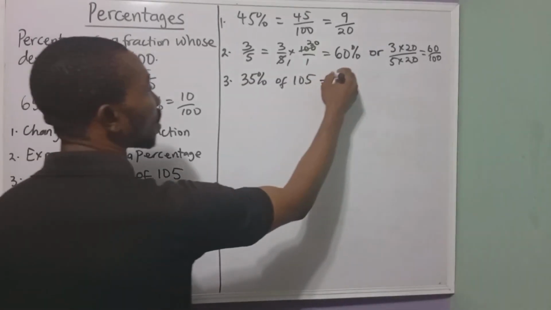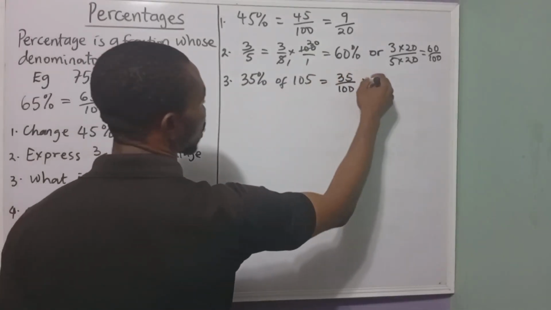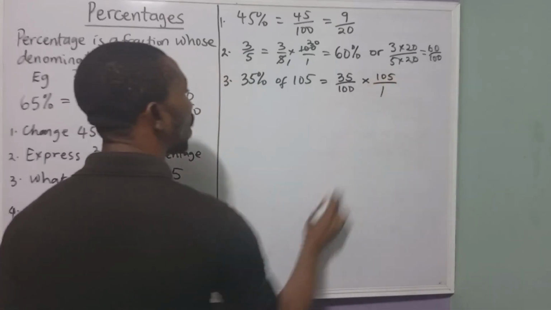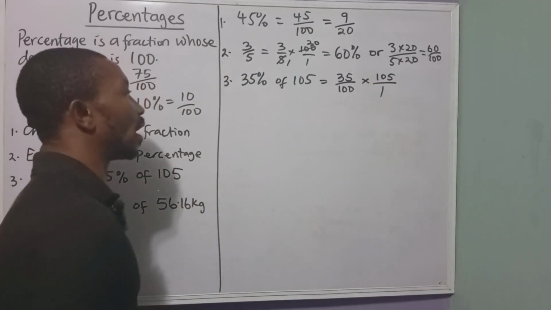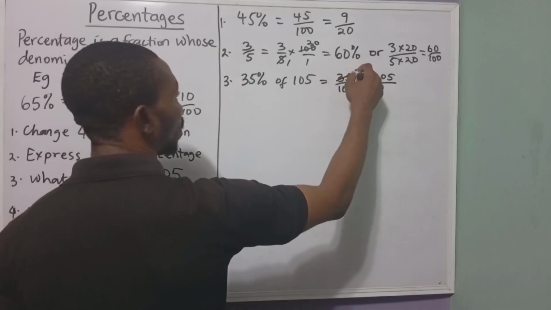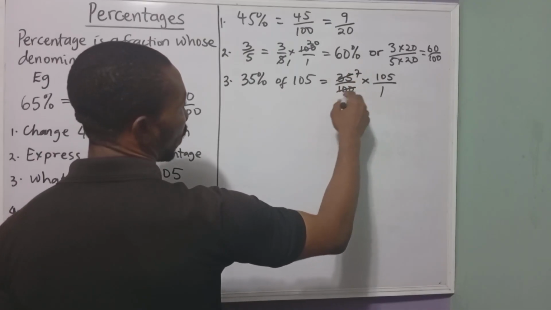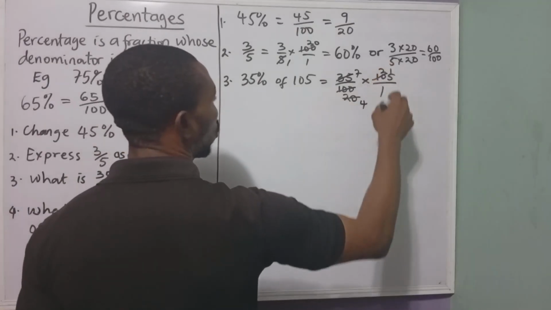That gives us 35 over 100, and of means multiplication, of 105 over 1. So we can now cancel out. 5 into 35 will give us 7. 5 into 100 will give us 20. 5 into 20 will give us 4. 5 into 105 will give us 21.